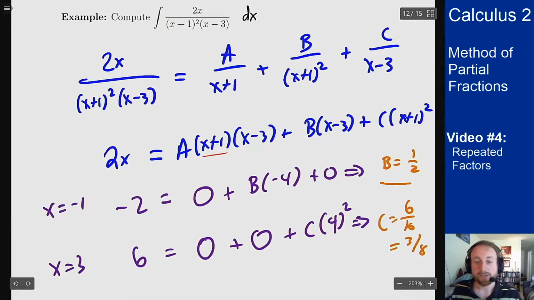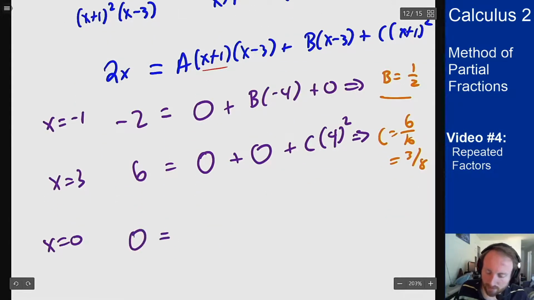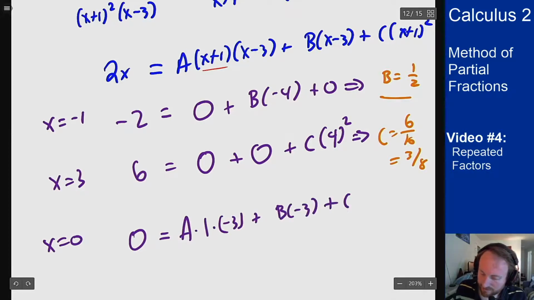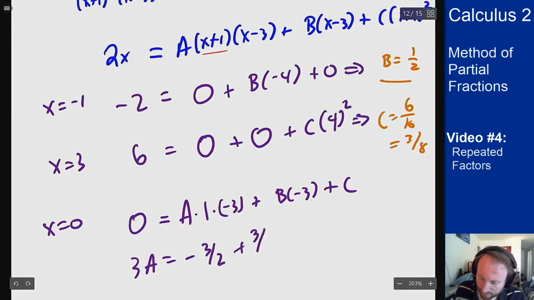And now I don't have a nice number to plug in for A, because I don't have any number that makes the other terms go away. So I'll just have to plug in and solve and see what I get. Let's plug in 0, because 0 is usually pretty nice to plug in here. The left side gives me 0. On the right, I get A times 1 times minus 3, plus B times minus 3, plus C. I can move the A term over, and then I can plug in B and C. So 3A should equal negative 3/2 plus 3/8.